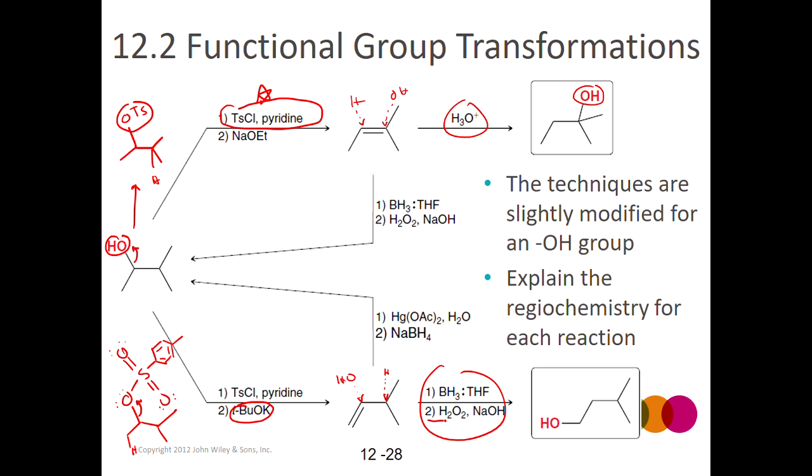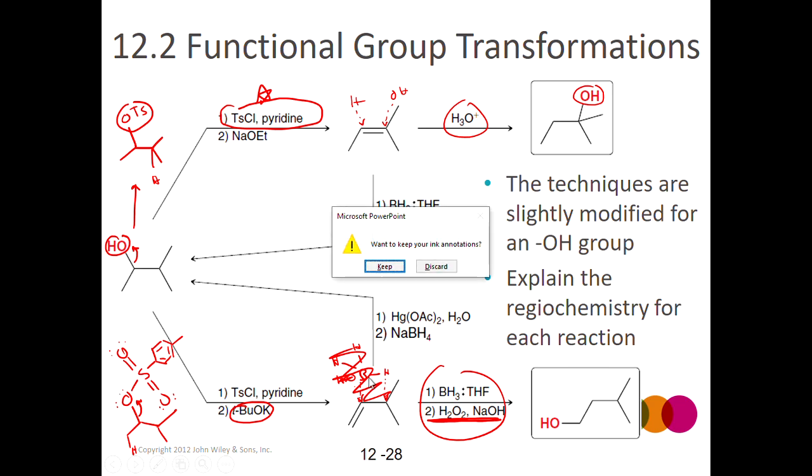All right, so the second step here, we didn't talk about the mechanism, so that requires some memorization to know what reagents you need to put there. But in the BH3, what we said is, for two reasons, the boron will add to, oh, sorry, there's no pi bond there.